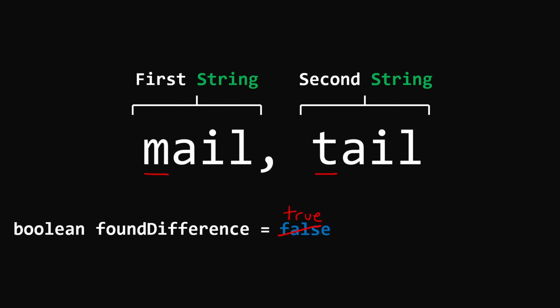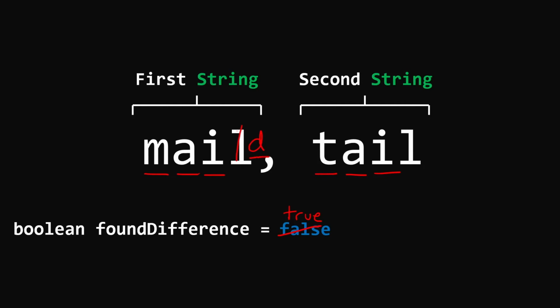Now we go to the second letter, A and A. They do equal each other, so we don't do anything. I and I equal each other, we don't do anything. L and L equal each other, we don't do anything again. But let's say this was a D for made and tail.